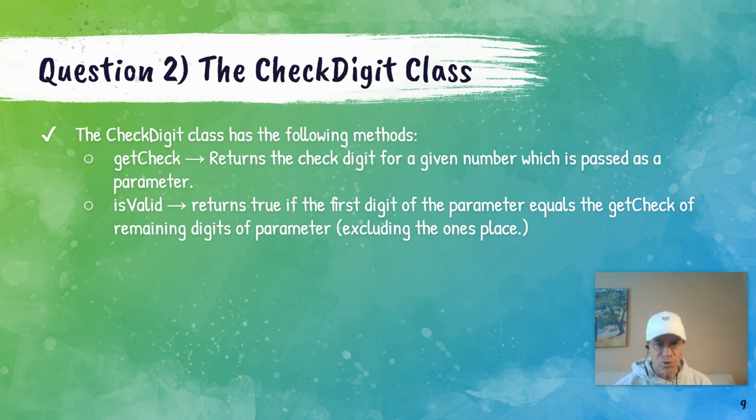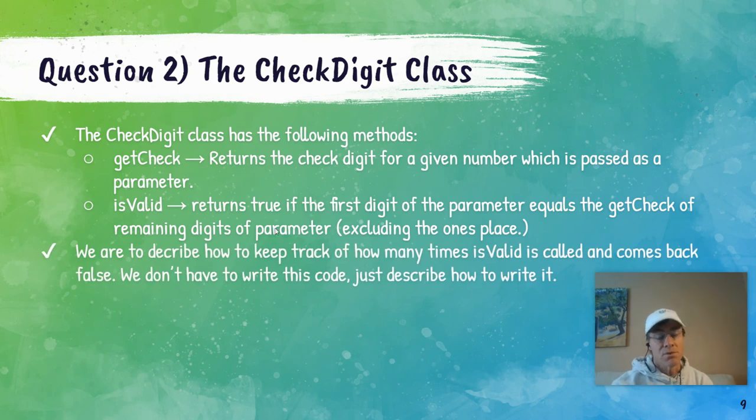This returns true if the first digit, the ones place, equals the response to this, which is the remaining digits of that parameter. Again, I interpreted that from the example that they cited, not through the actual description of what they wrote. So maybe my interpretation's wrong. We can see.